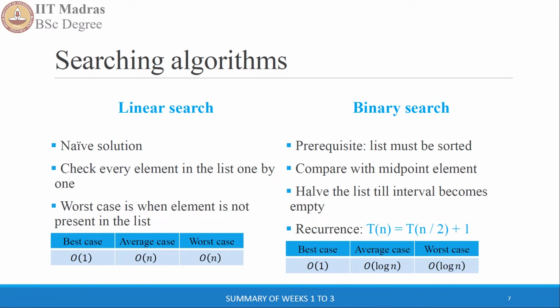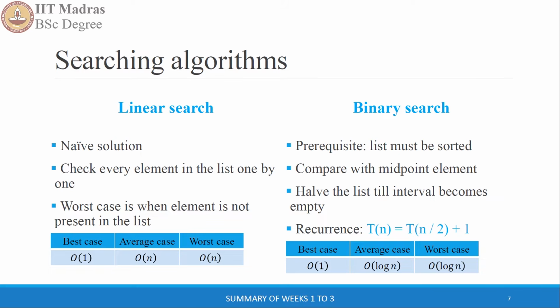So the next point is searching algorithms. We have studied two different types of algorithms, linear search and binary search. Linear search is a naive algorithm which checks every element in the list one by one. Whereas in binary search, we compare with the midpoint element and we halve the list till the interval becomes empty.